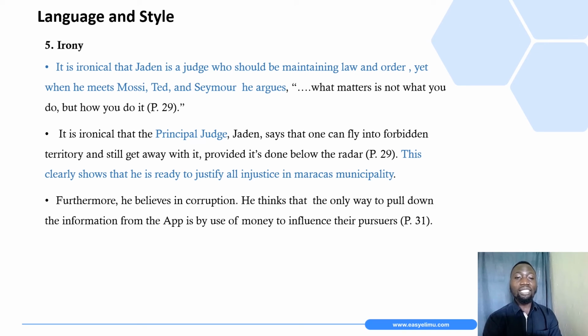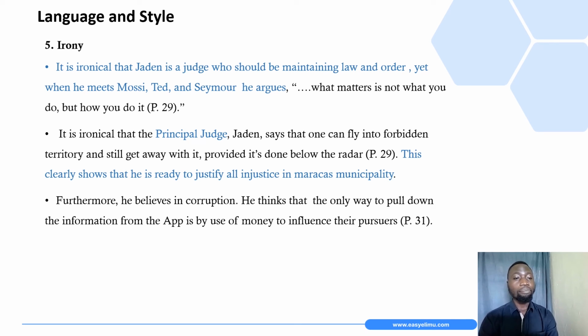Yet when he meets Mosi, Ted, and Seymour, he argues that what matters is not what you do, but how you do it. So it is ironical for such a person with such perspectives to be given the position of a principal judge, because he also has a number of injustices. We can put it this way: it is ironical that Ian Darden is the principal judge who is supposed to be offering justice, yet he has got a number of injustices. I think that makes it better.